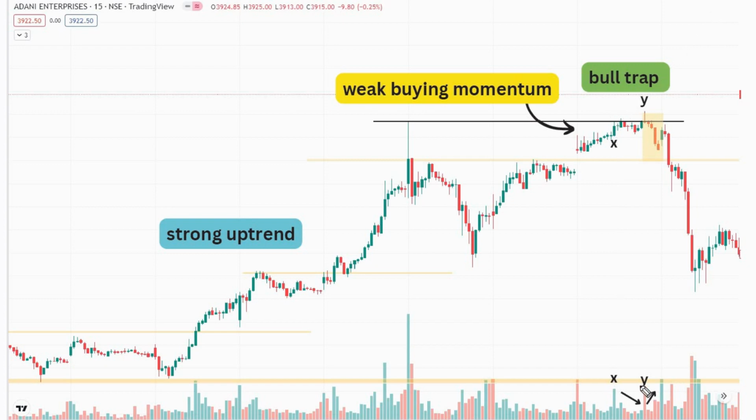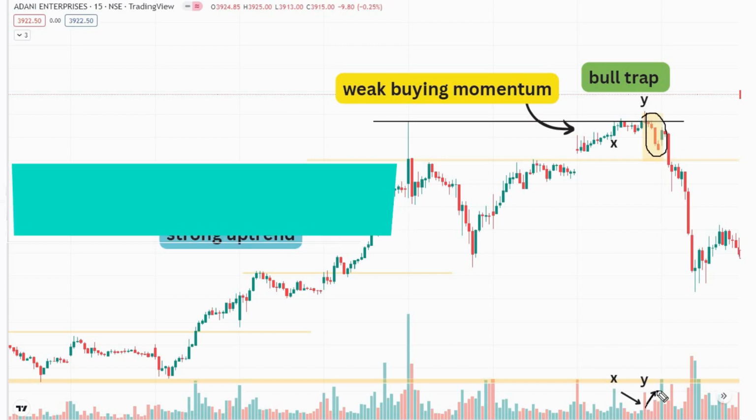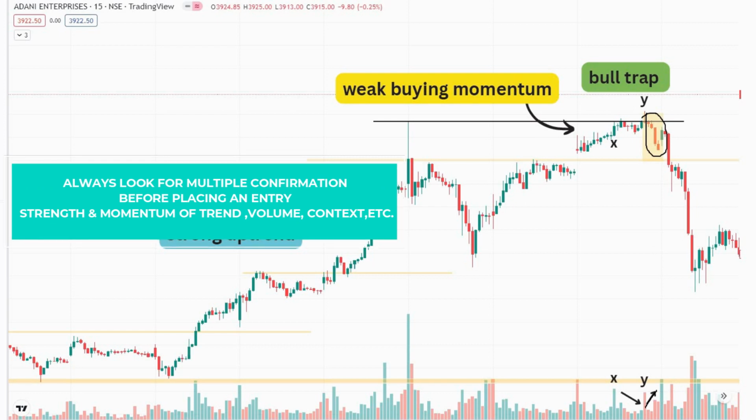After that, look at the buying pressure. Volumes have gone down. And now, again, high volume rejection candle. Then, strong selling pressure. Increase in volume. See, one important point.